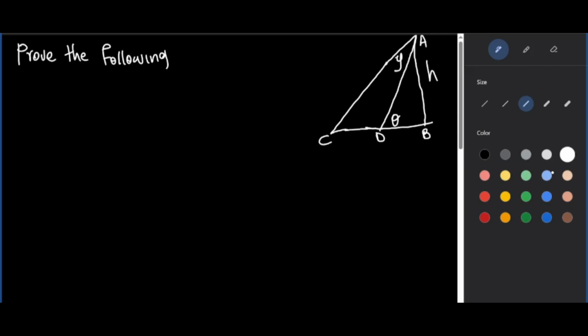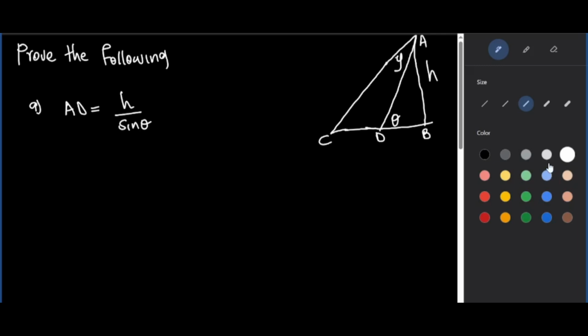First things first, let's start with this proof. They want you to prove that AD is equal to h over the sine of theta. What are you going to do when you see something like this in an exam? How can we prove that AD is equal to h over sine theta? What is the first thing that you do?